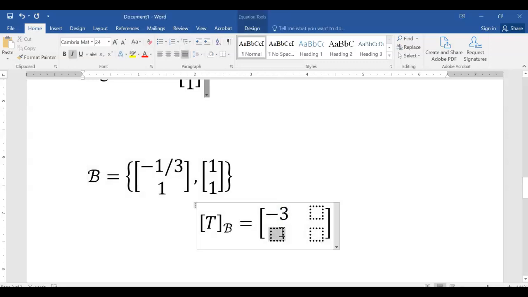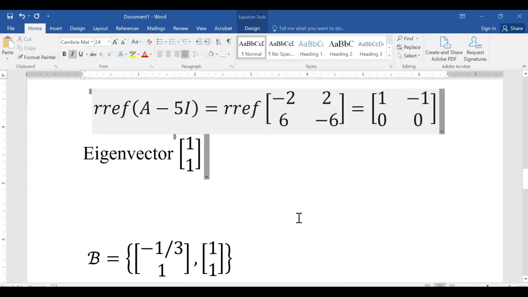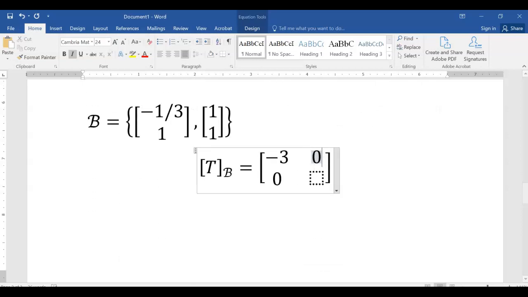So -3, 0 would be the first column. And since I put 1, 1 as my second eigenvector, that corresponds to eigenvalue lambda equals 5. 0, 5 would have been my second column.